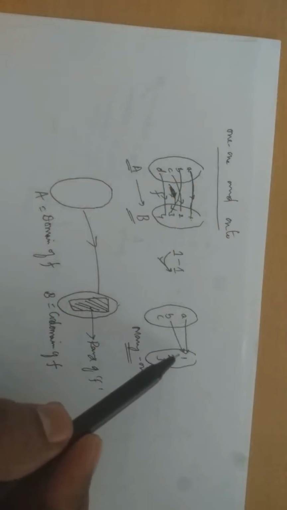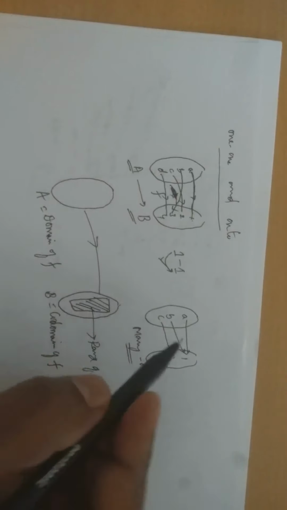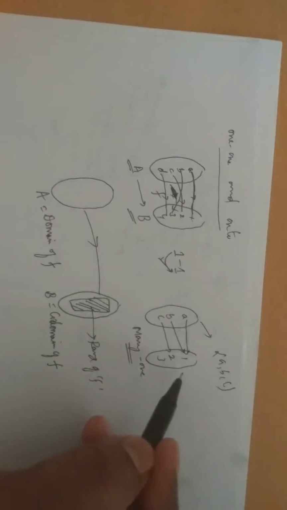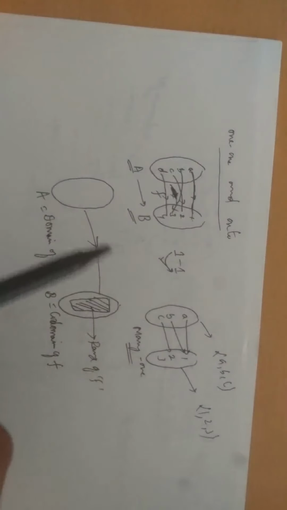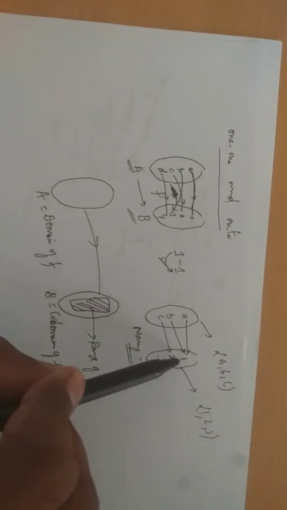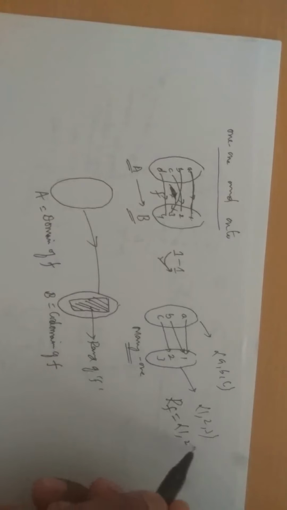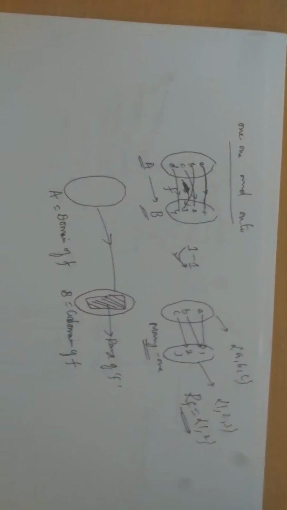Here the domain is A, B, C and the codomain is 1, 2, 3. What is the range? Range is the elements that are associated. 1 is in the range, 2 is in the range. Is it clear?